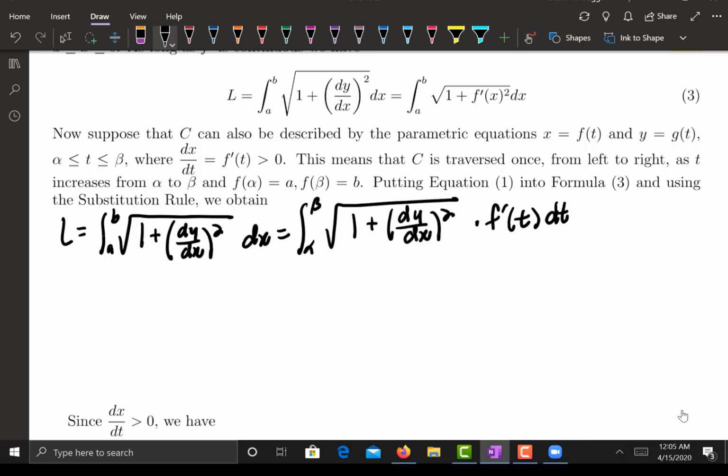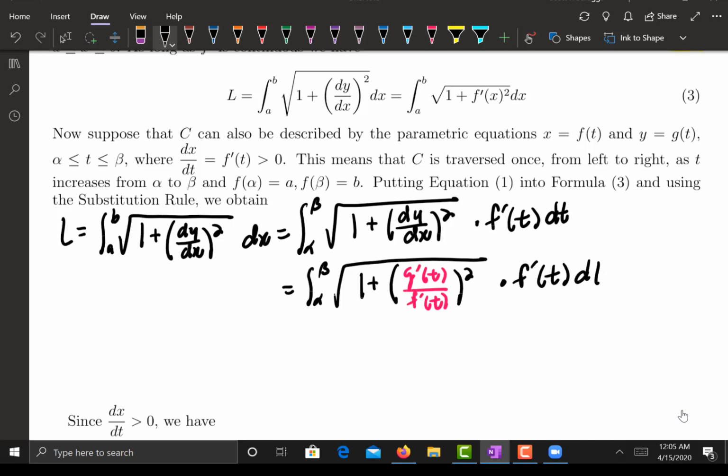But I already know what dy dx is in terms of my parametric equations. That's going to be 1 plus the derivative with y over the derivative with x, all of that squared, times f prime of t dt.